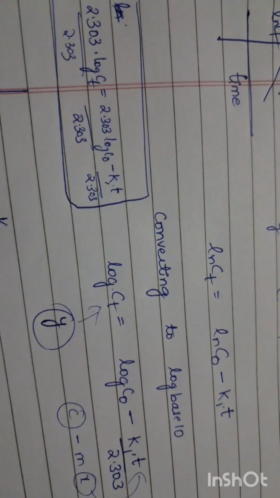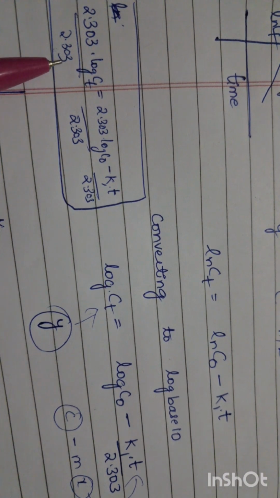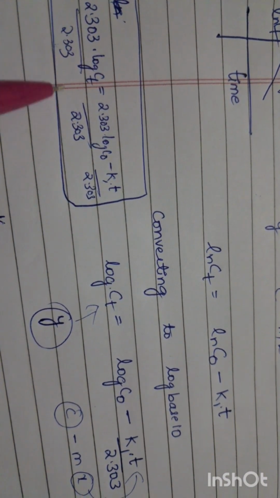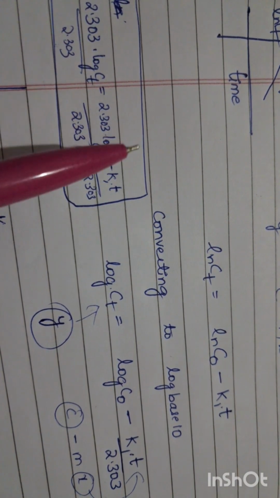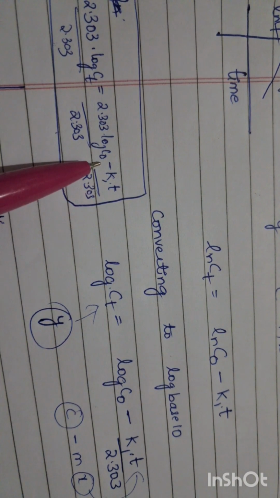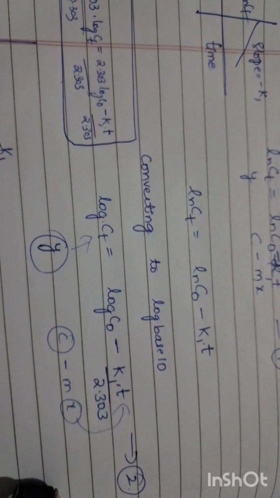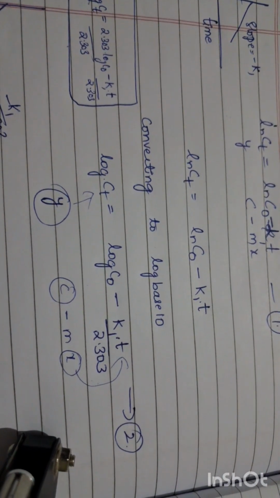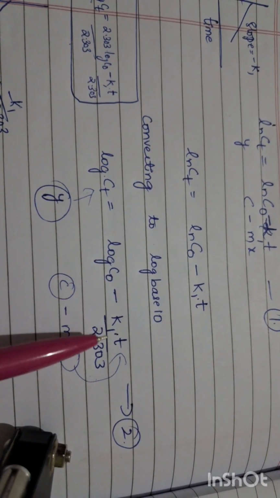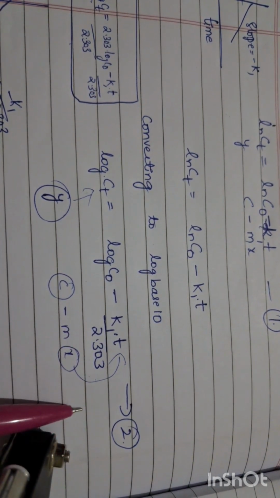When we multiply, we also divide by 2.303, so the 2.303 cancels and we get minus K1 by 2.303. Finally, log Ct is equal to log C0 minus K1 into T by 2.303. This is the second equation.